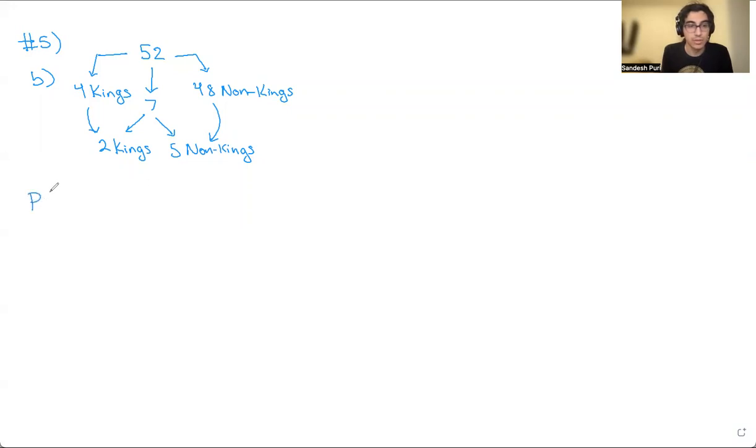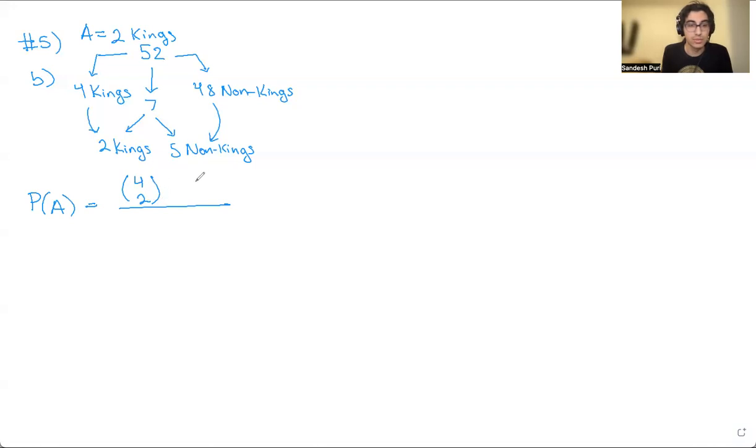Let's rewrite the probability, but this time I will define A as obtaining 2 kings from the sample of 7. So this time, let's consider for the first combination, we want 2 kings from 4 distinct kings. So we can write this as 4 choose 2.